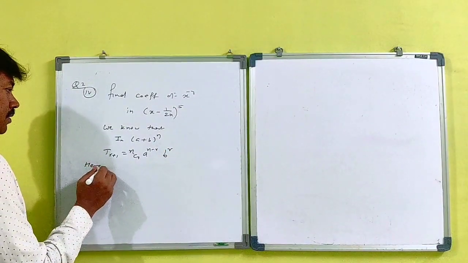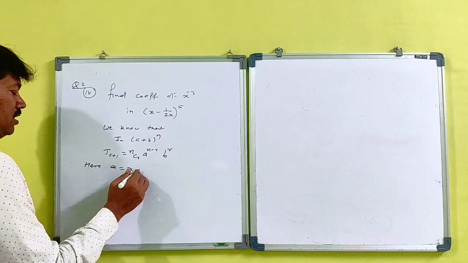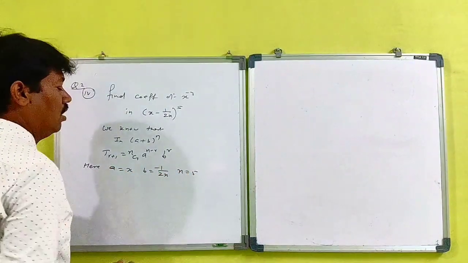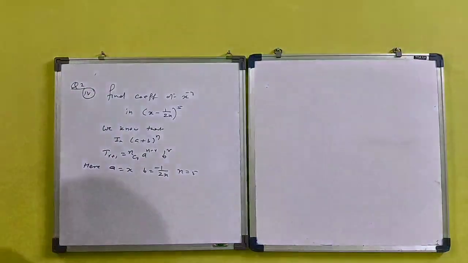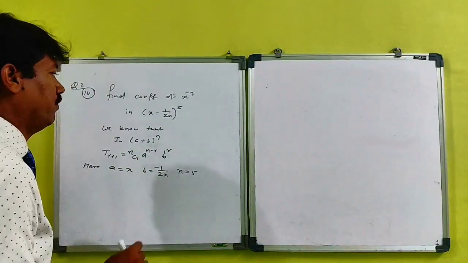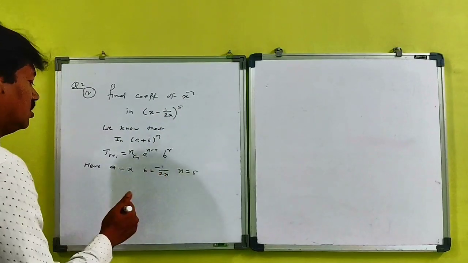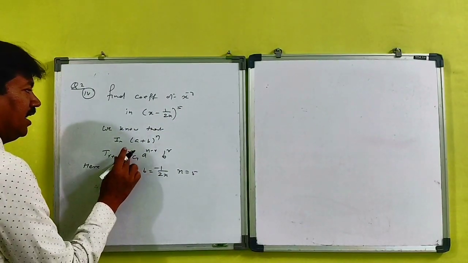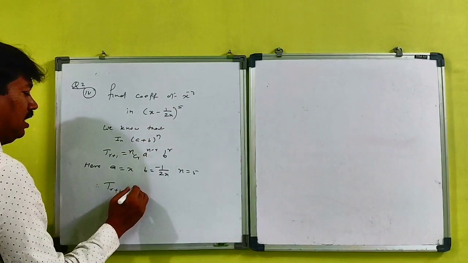So here a is x, b is minus 1 upon 2x, and n is equal to 5. To find the coefficient of x raised to minus 3, we just find the general term. Therefore, T r plus 1 is equal to nC r, where n is 5.